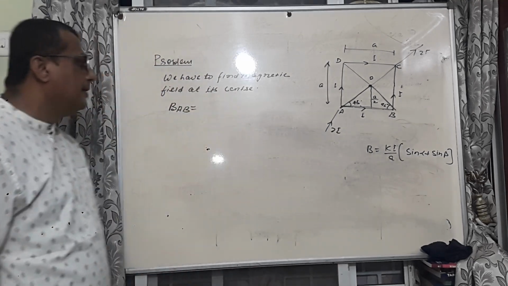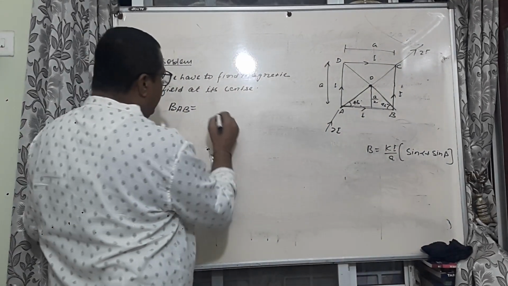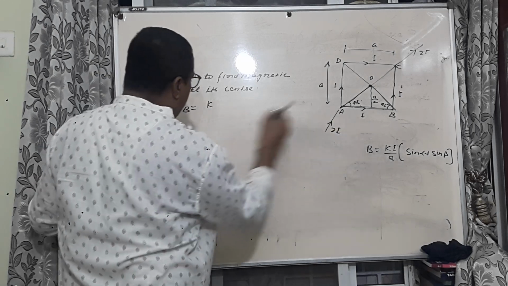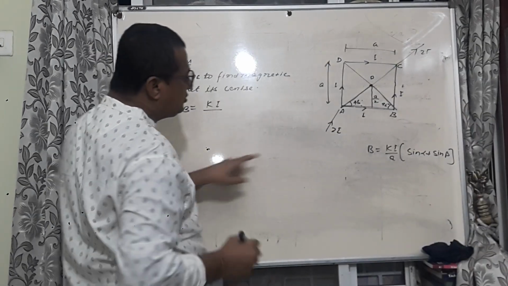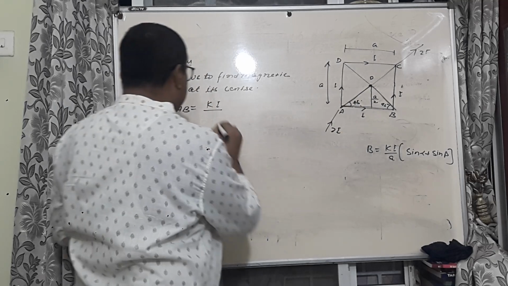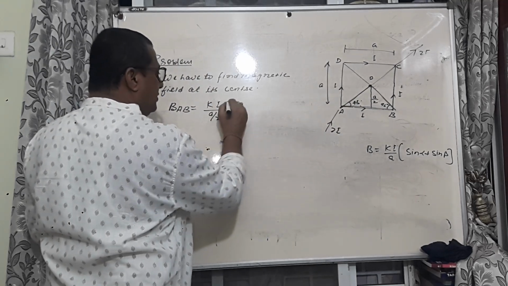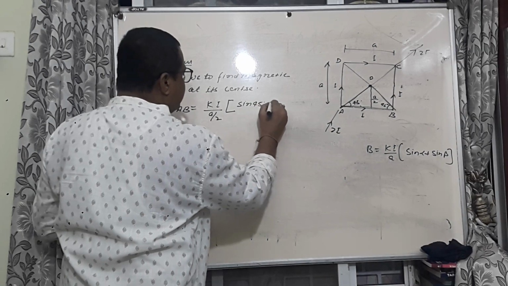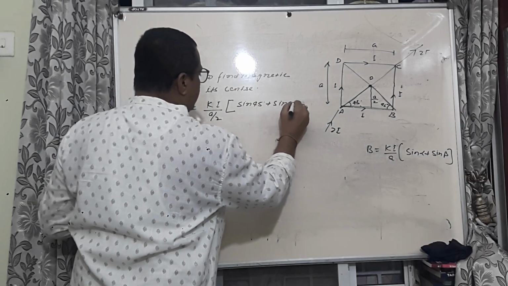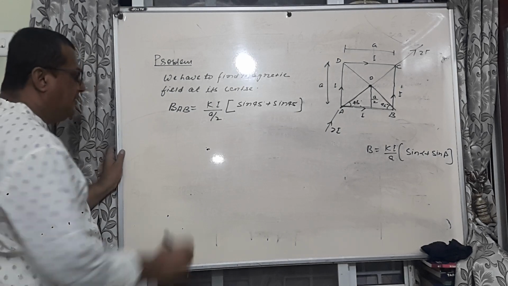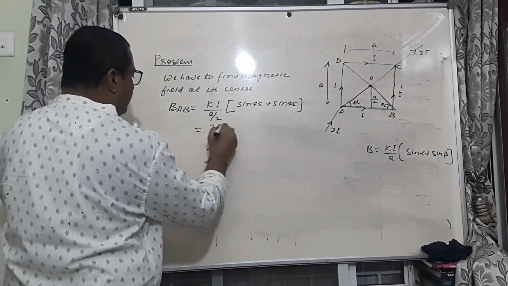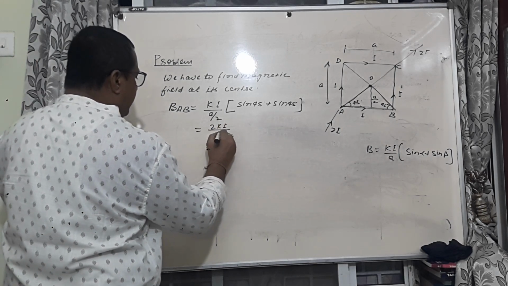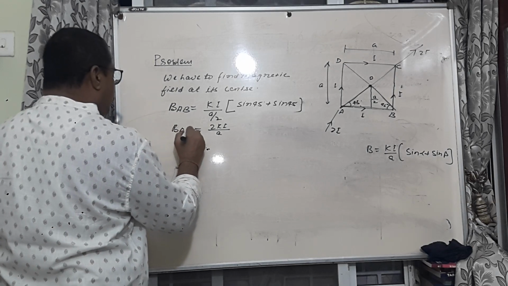Hence we use this formula: K, this is the current I, this is the distance A by 2, sin 45 plus sin 45. Then this will be equal to 2 Ki by A, the magnetic field due to AB.